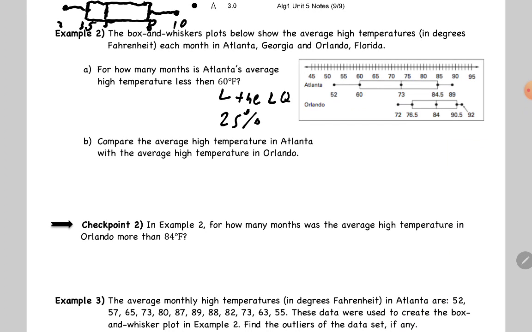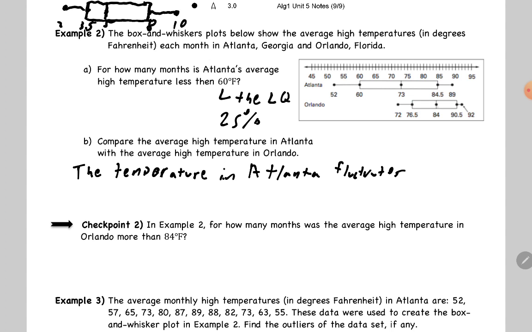Compare the average high temperature in Atlanta with the average high temperature in Orlando. Okay, so the temperature in Atlanta fluctuates because you got this big range of 60 to 84.5.